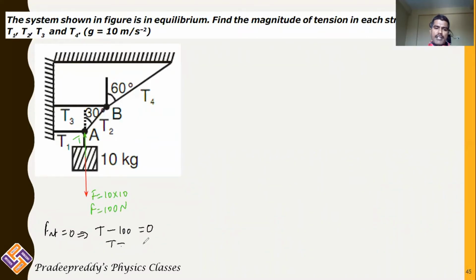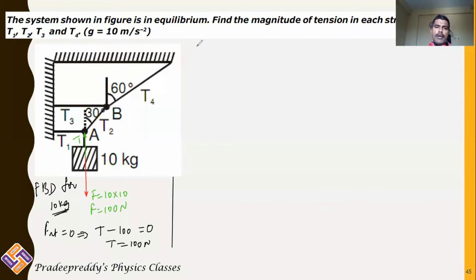Therefore, tension T is equal to 100 Newton. So for the mass attached over there, the tension in this wire is T. This is the free body diagram for the 10 kg mass.